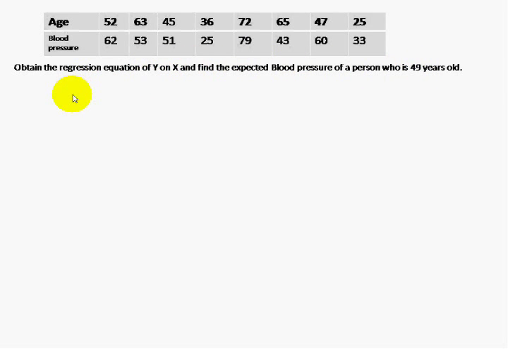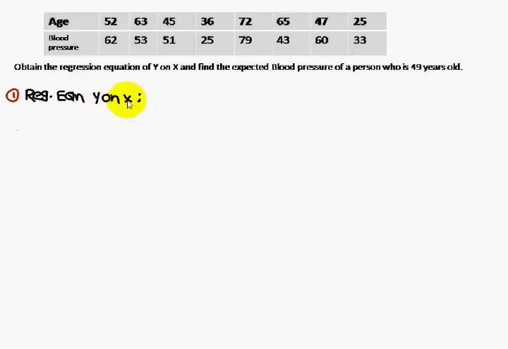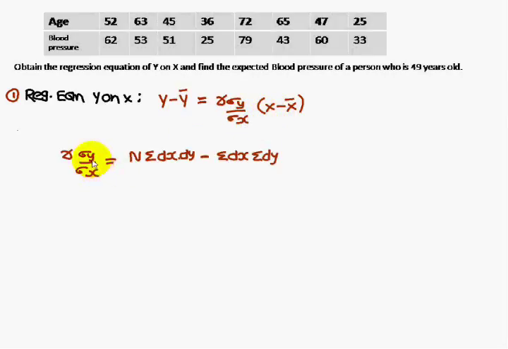So for that, the regression equation y on x is y minus y bar equals r into sigma y by sigma x into x minus x bar, where r into sigma y by sigma x is equal to n into sigma dx dy minus sigma dx into sigma dy, divided by n into sigma dx square minus sigma dx whole square.